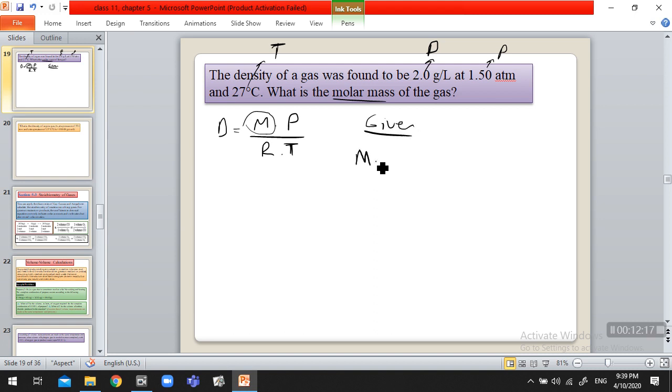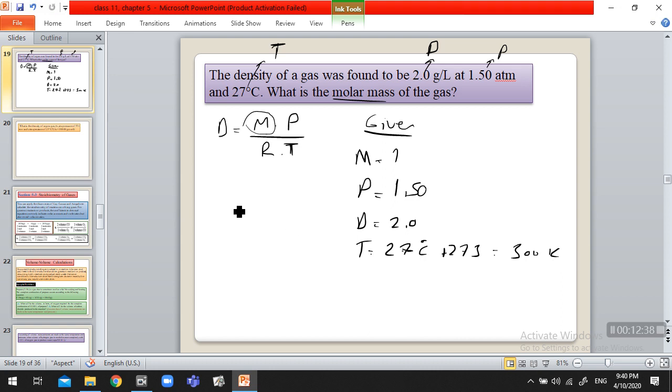Molar mass is unknown. Pressure is 1.50. Density equals 2.0. And temperature equals 27 Celsius, add 273 to become 300 Kelvin.